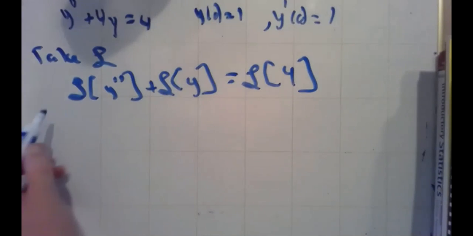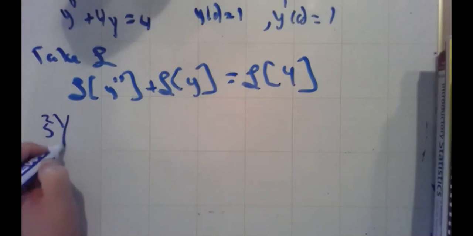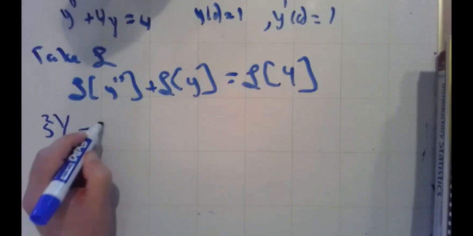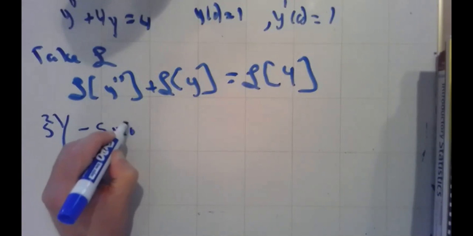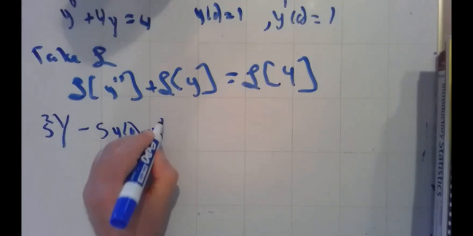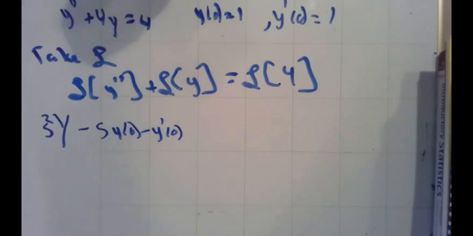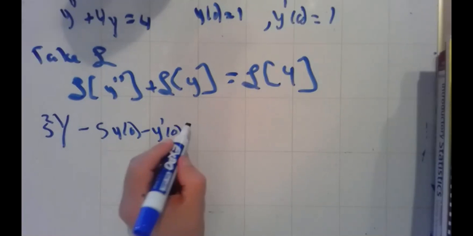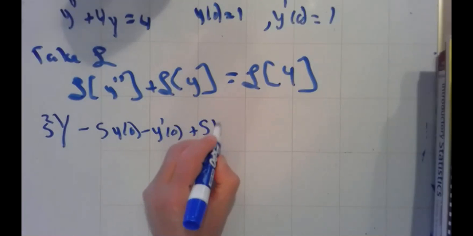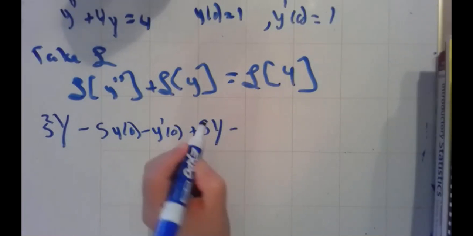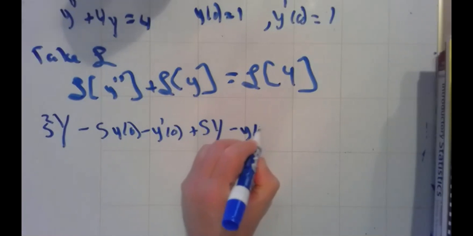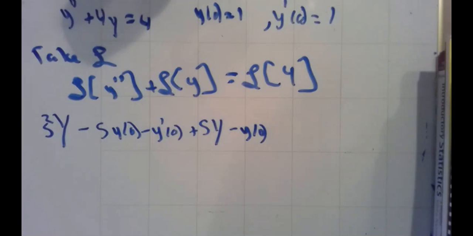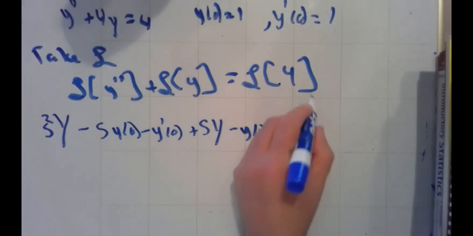The Laplace transform of y double prime is s squared capital Y minus s y of 0 minus y prime of 0. Laplace transform of y is s capital Y minus y of 0. And then the Laplace transform of 4.